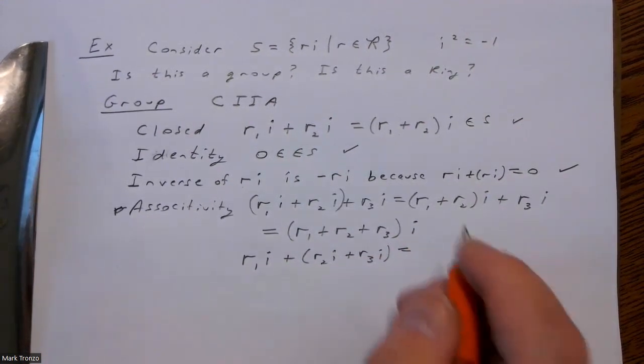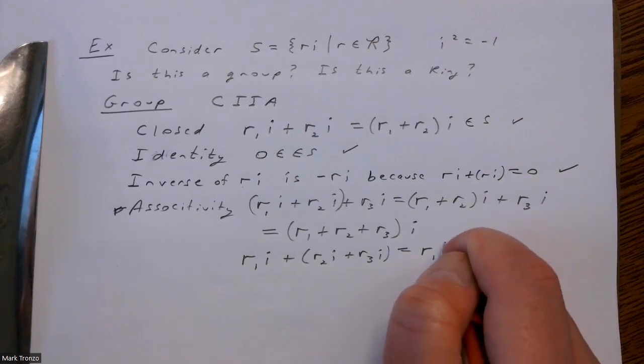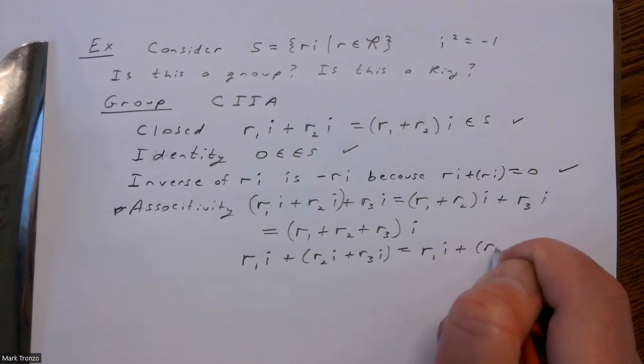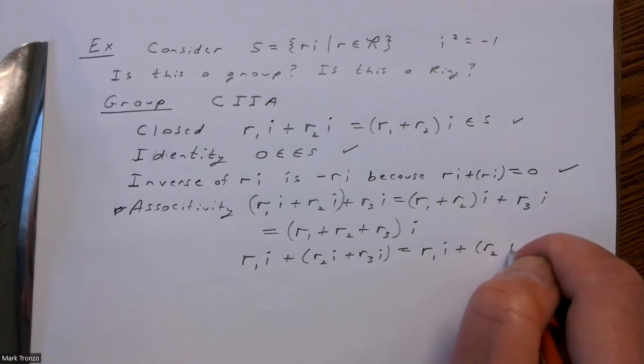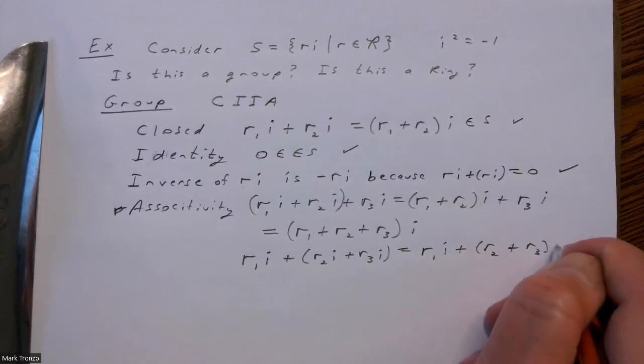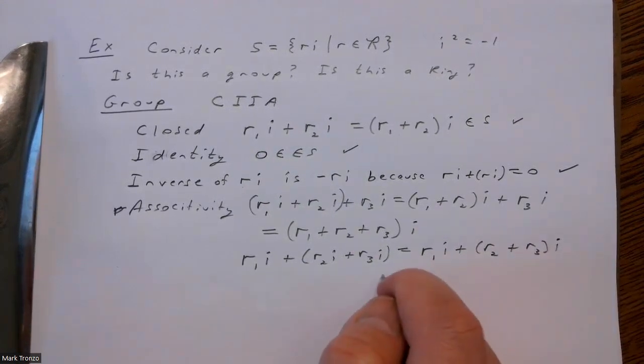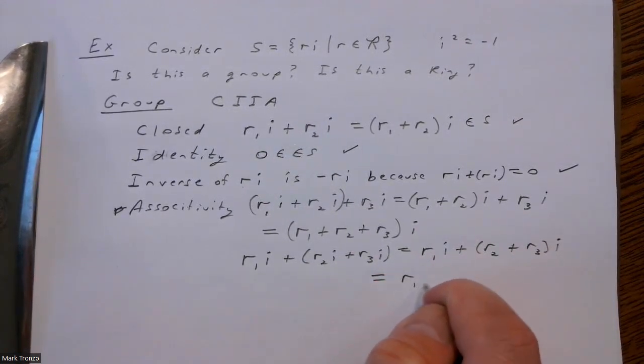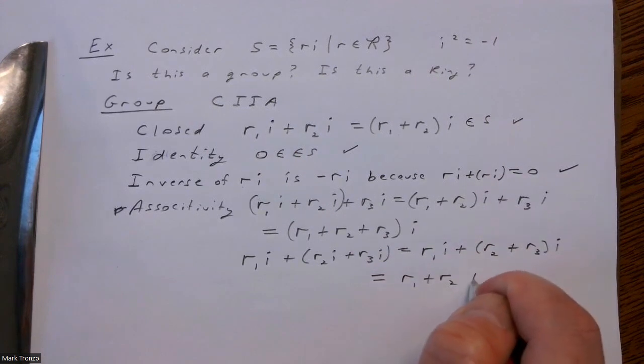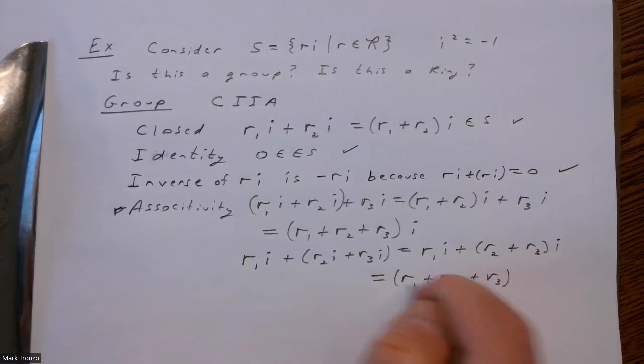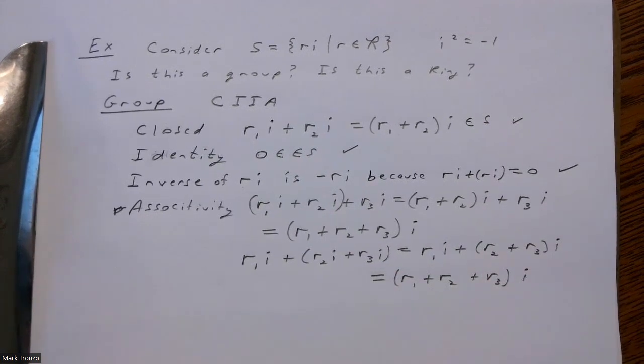So if we start with this, that'll give us r1 i plus (r2 plus r3) i, and add them together. Like this. So if we added these two first, then this one, we would get this, or if we added these two first and then added this one, we still get the same thing.